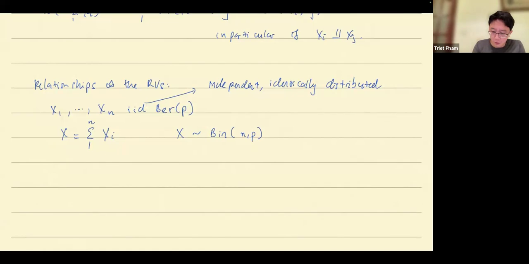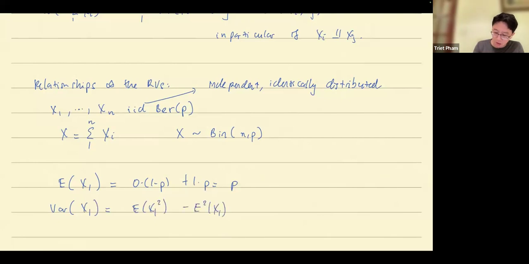So why is this useful? It's useful, for example, because the expectation of a Bernoulli random variable is very easy to calculate. It's basically 0 times 1 minus p plus 1 times p, so it's p. The variance of a Bernoulli is also very easy to calculate because it's going to be the expectation of the square minus the square of the expectation.